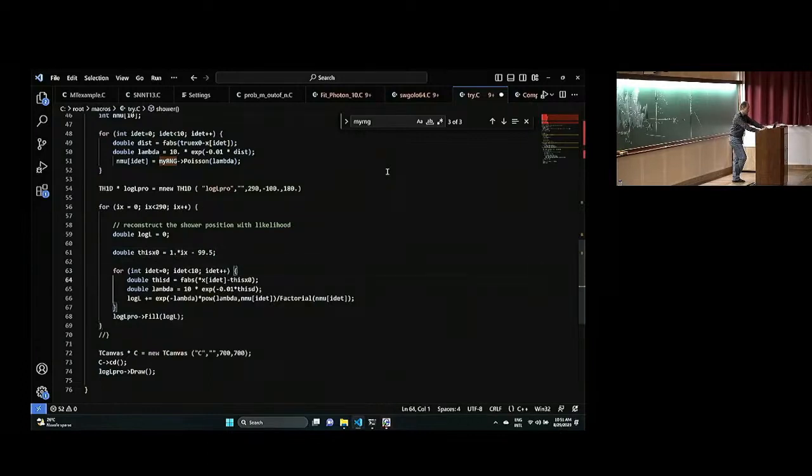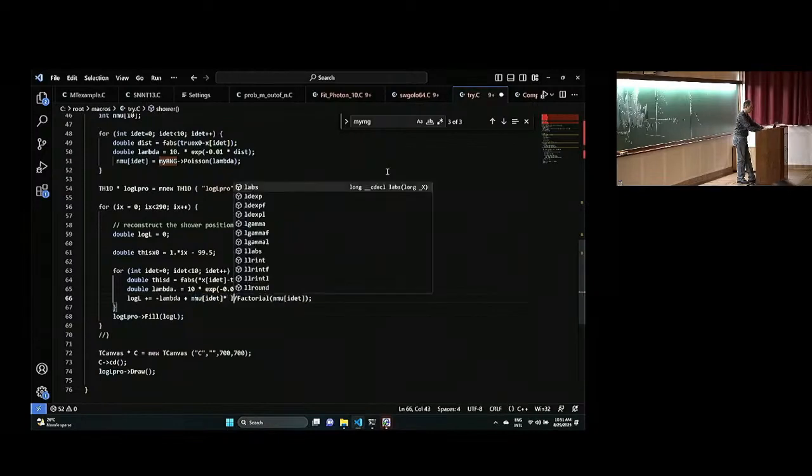And now I reconstruct the detector likelihood by computing the detector distance from this particular X0 and find again the flux. And now I have the likelihood as a sum of, oh, sorry, this is the log of the likelihood. So I wanted to take minus lambda plus n mu times the logarithm of lambda.